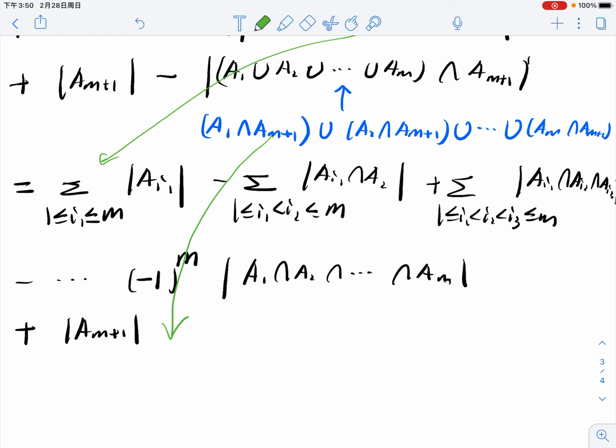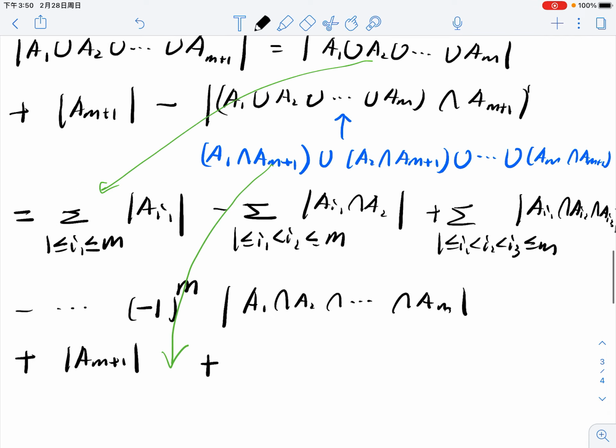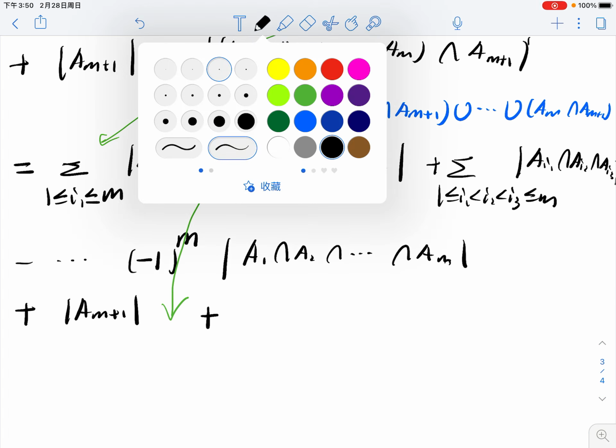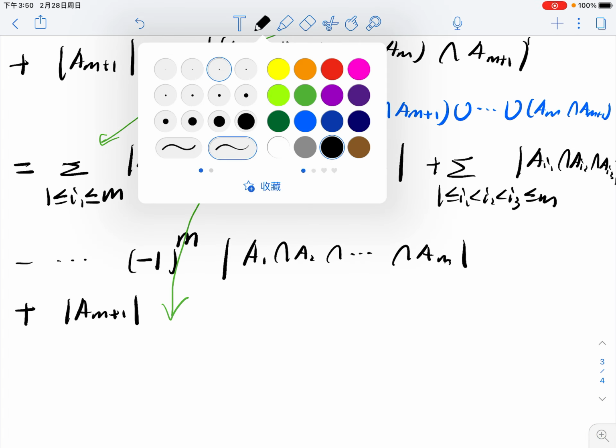And then let's do the formula for the blue part. For the blue part, firstly you have a big minus sign in front of it.